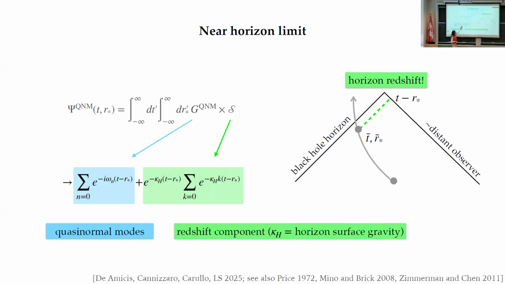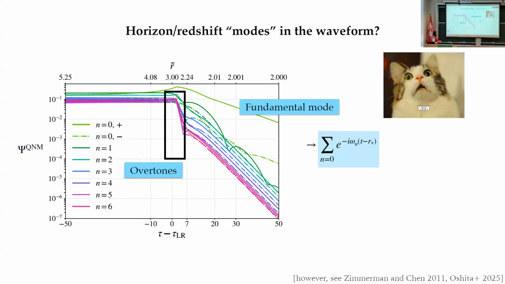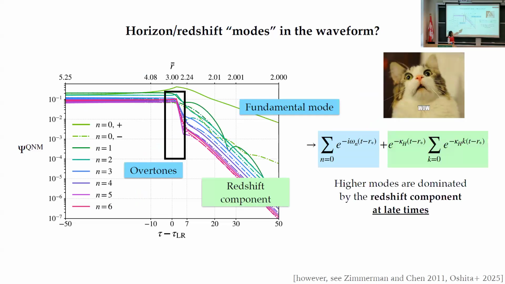It's decaying at leading order with the horizon redshift. And the horizon redshift numerically is such that the source decays faster than the fundamental mode, but slower than the overtones. And therefore, at late times, you see the fundamental mode decay, but for the overtones, you see the source taking over, and therefore this redshift component.